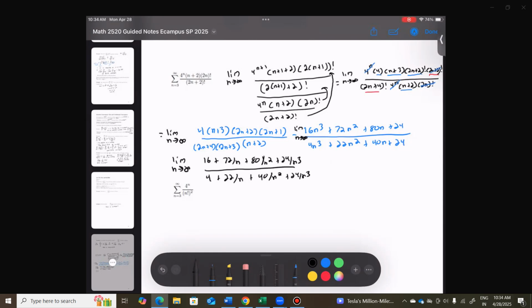All these terms go to 0, and so this one ends up being 16 over 4, which is equal to 4. And if we go back, 4 is greater than 1, so the series diverges.